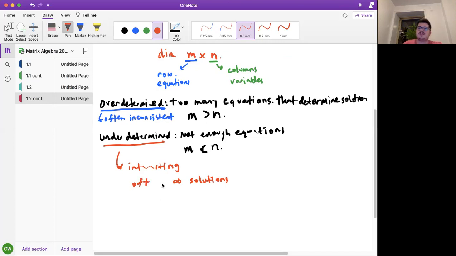And here's a way to think about it. If you have 10 lines in a plane and you want to find the solution, after 2 lines it becomes more and more restricted. This is m less than n. Sorry, my computer's a bit laggy, so the handwriting is not the best right now.